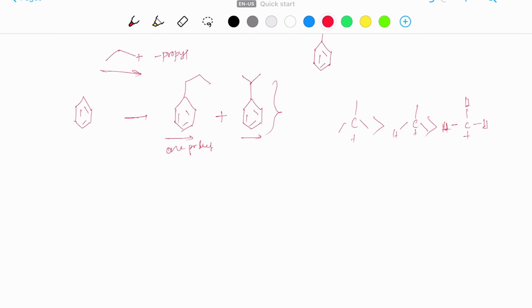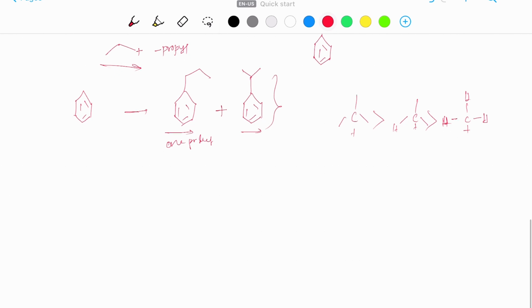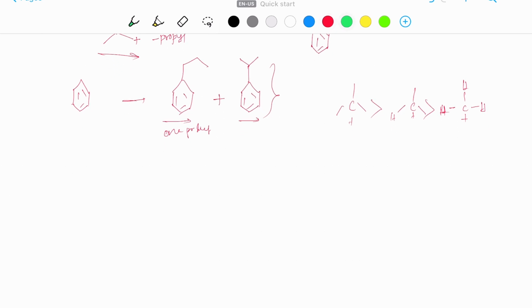Right. Now when we have something like this that has a positive charge here, this place is our primary carbon, right? And carbon actually doesn't like this, and it wants to be stable, right? When it doesn't have these 4 bonds, it still wants to be stable somehow.